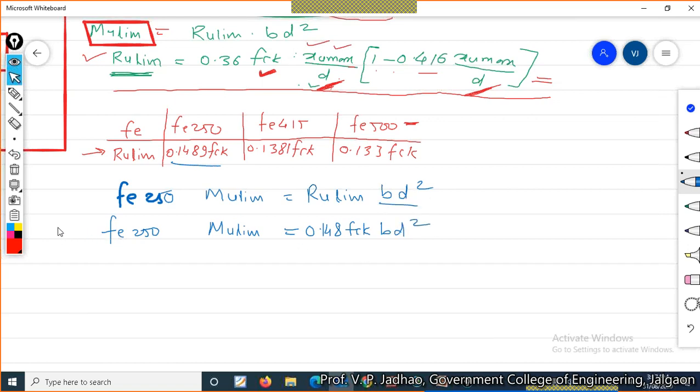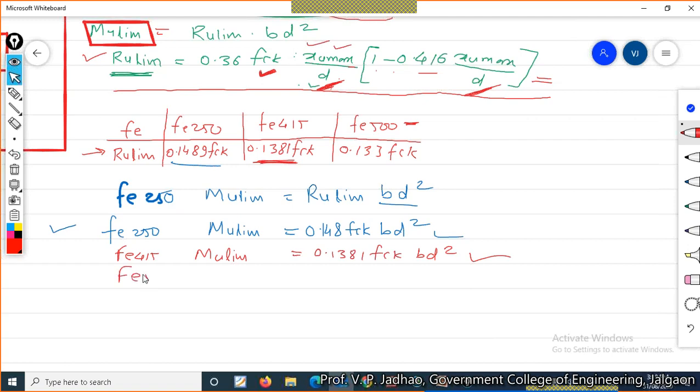So the value of Mu limiting for Fe 250 will be 0.148 fck b d square. Okay, now for Fe 415, put the value of Ru limiting equal to 0.138 fck in this equation. We will get 0.1381 fck b d square.